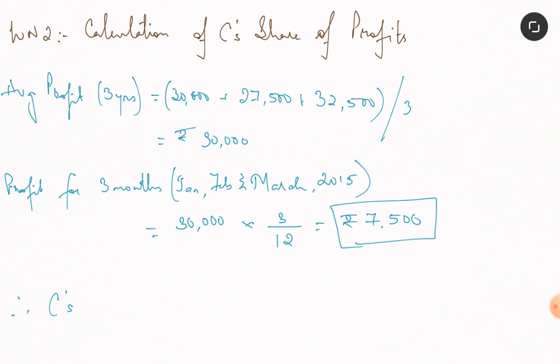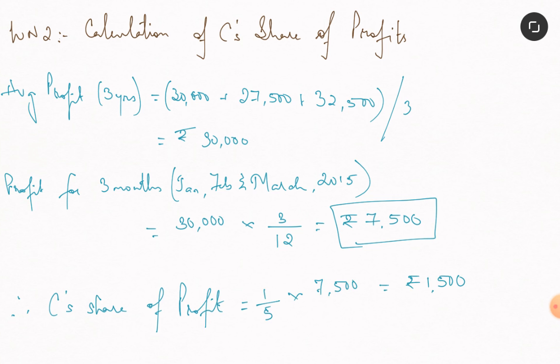So, C's share of profit is equal to, what is his ratio? 2:2:1. So, his share is 1/5 of the profit for 3 months of rupees 7,500. So this will be equal to rupees 1,500.